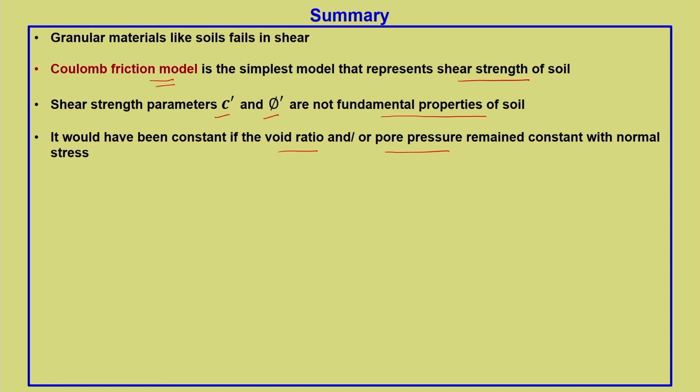You remember when we discussed in module 1, we said that the volumetric component and the deviatoric component we decoupled. Even though we said that in the continuum framework during those lectures, it is very hard to conceive soil without volume change during shearing, which means the deviatoric component also involves change in volume. So, it is very difficult to decouple.